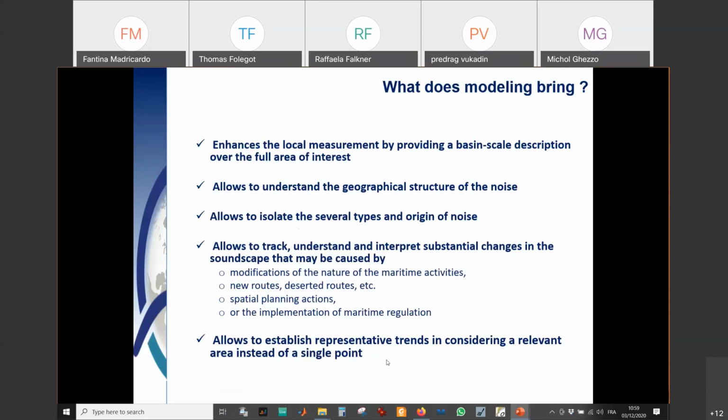And then also it's very useful to establish trends, since just one point is not necessarily representative of the full area, as we have seen. So to be able to consider an area and to work on an indicator on an area is much more relevant than working on an indicator that is just at a single point.